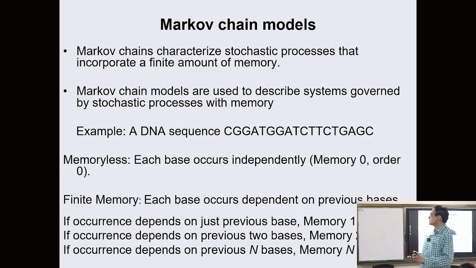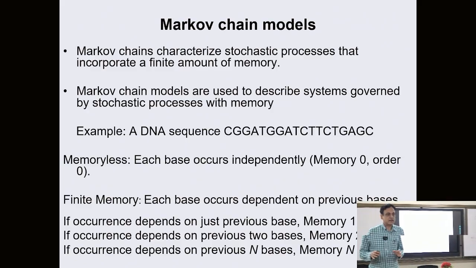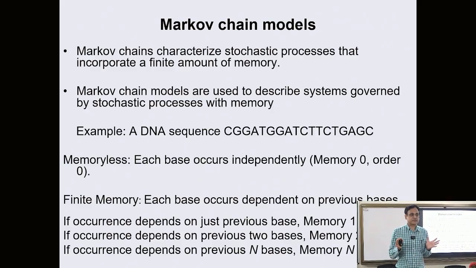So let's look at what a Markov chain is, as mentioned on the slide. Markov chains characterize stochastic processes. Stochastic means random processes. Random processes that incorporate a finite amount of memory. So it's not completely random. It is not memoryless.